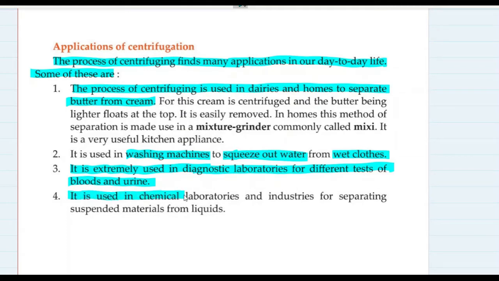It is used in chemical laboratories and industries for separating suspended material from liquids, like we just saw calcium hydroxide or calcium carbonate. If the solution of that material is taken in a test tube and put through centrifugation, you can separate the heavy and light particles of these suspensions.